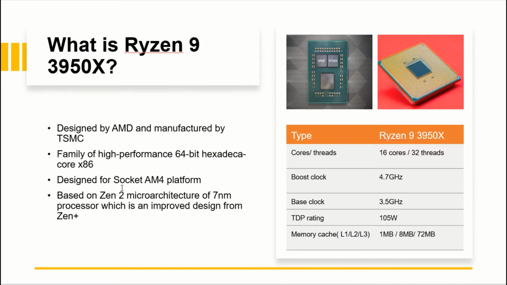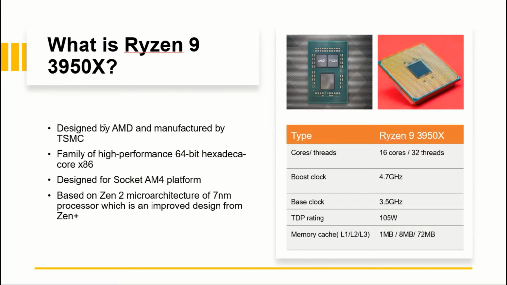This type of Ryzen is designed for the socket AM4 platform. The AM4 platform is a microprocessor socket for AMD's CPUs built on Zen, such as Zen Plus and Zen 2.